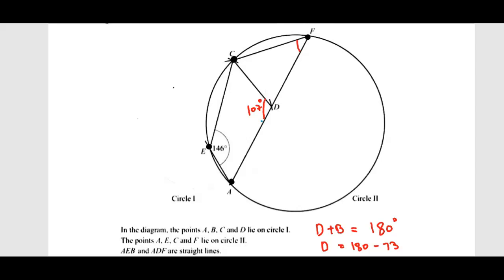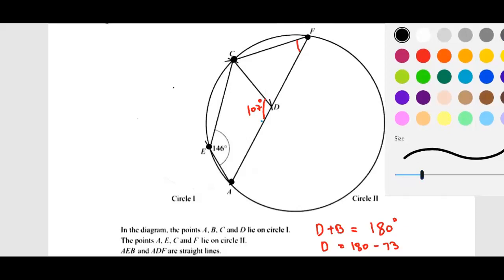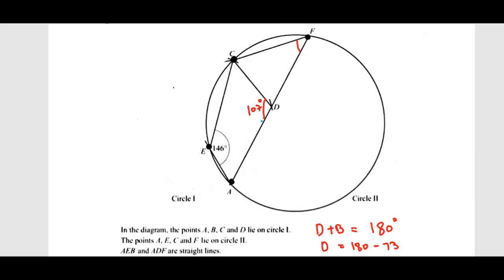Since this is a cyclic quadrilateral, we know that sum of angles E and F is going to be 180 degrees.